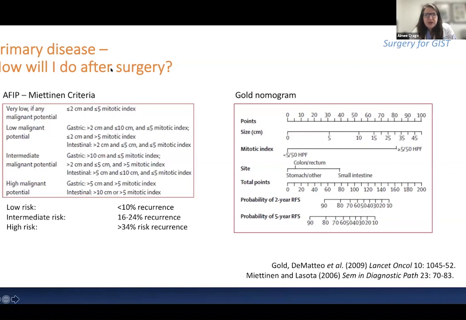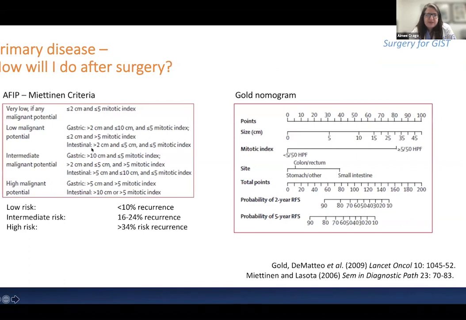So 2 of the common ones are the Miettinen criteria, and this will categorize a tumor as very low risk of recurrence if it's small and it has very few mitoses, so isn't dividing very quickly at all. Low malignant potential if the tumors are in the stomach and between 2 and 10 centimeters and have a low mitotic index, or if they're small with a higher mitotic index.